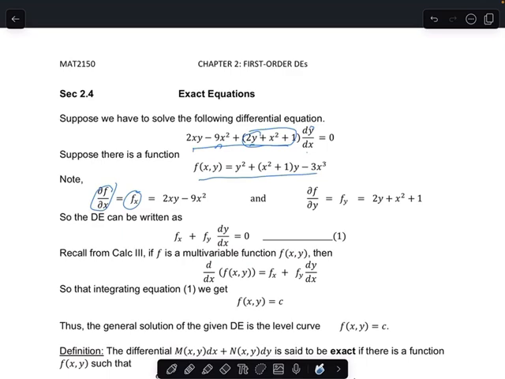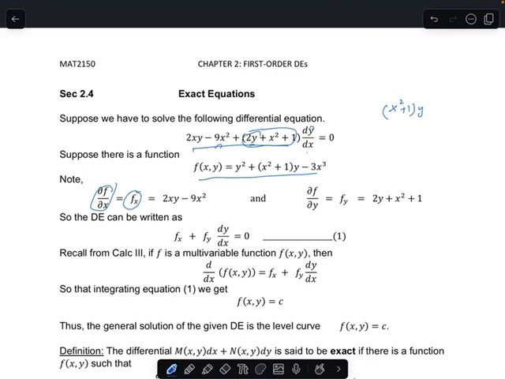So when I am differentiating f of x, y with respect to x, then y will be treated as a constant. The first term is y squared, so we treat it as a constant, and the derivative is 0. Now the next term is x squared plus 1 times y.